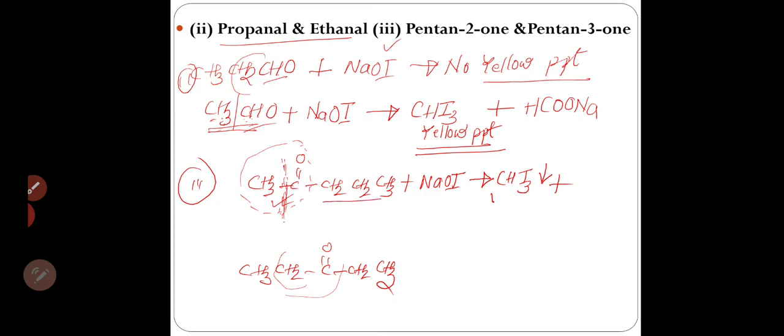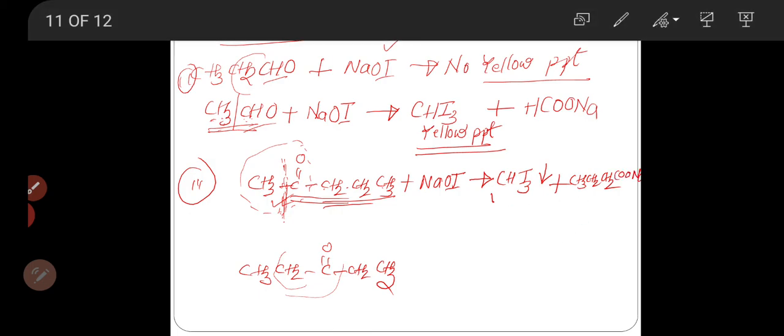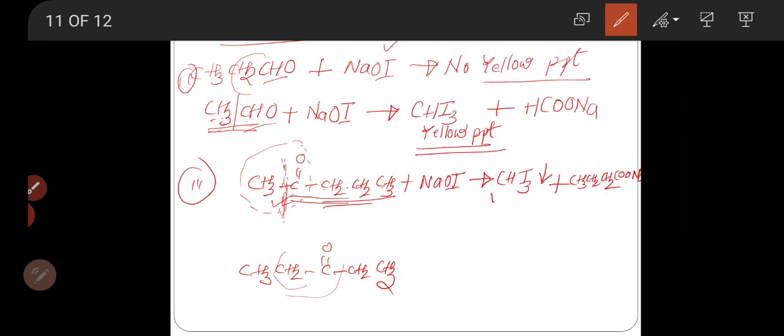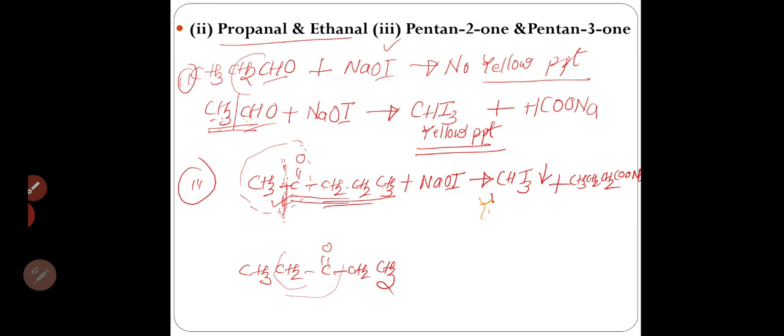And the rest of the carbons, CH3CH2CH2 and CO, will convert to COONa. Because of the formation of this, we get a yellow precipitate.